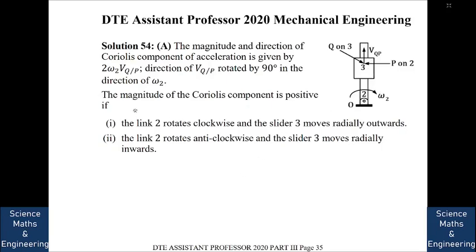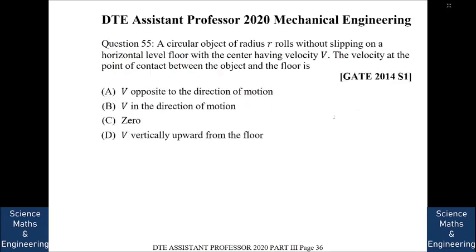Okay, so in those cases this Coriolis component is positive. However, had this been going outward and the link in the anti-clockwise direction, then the value would have been negative, or if the rotation is the same but the slider direction is inward, then also the value of the Coriolis component would have been negative.